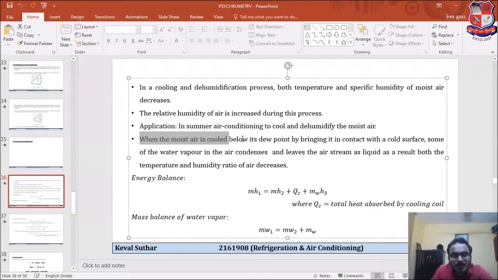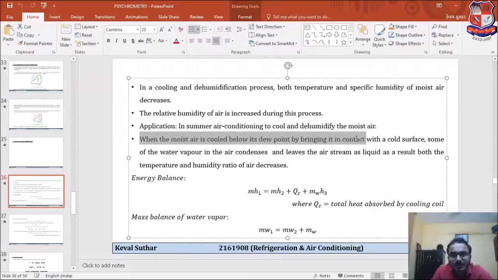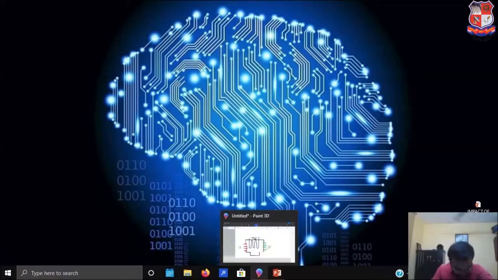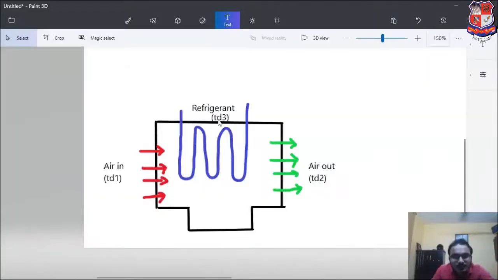here the moist air is cooled below its dew point temperature by bringing it in contact with a cold surface. So in this figure, this refrigerant will be kept below dew point temperature of air. So once this air comes in contact with this refrigerant coil, then the moisture, or water vapor, which is present inside this air, will get condensed and it will be in liquid form.